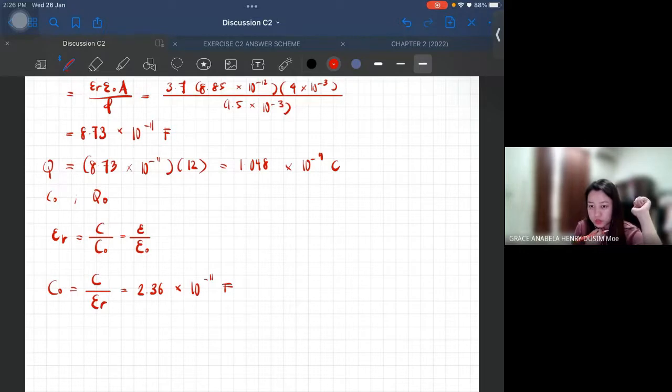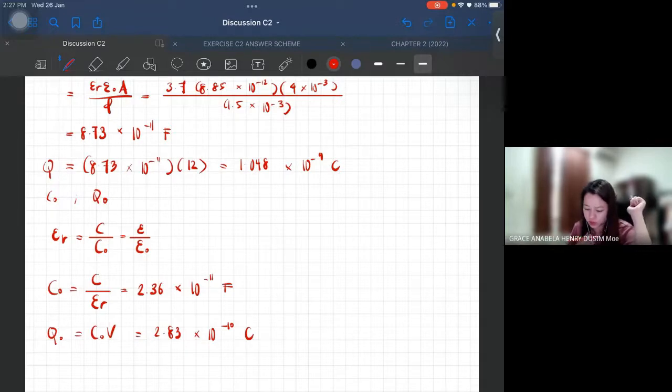From here, do the same thing. Q naught equal to C naught V, which gives us 2.83 times 10 negative 10 coulomb.